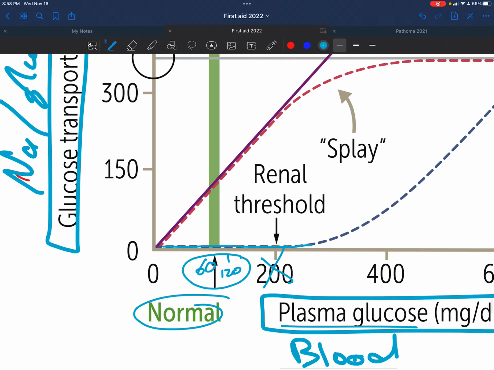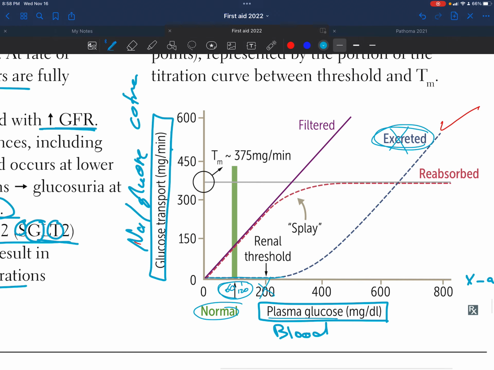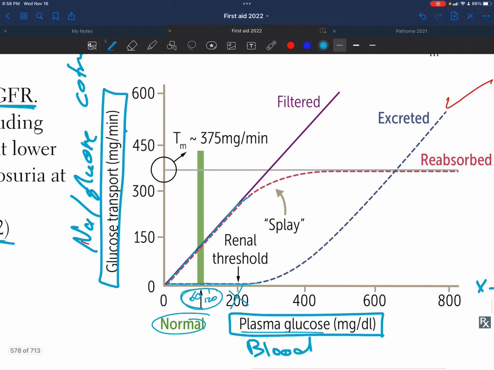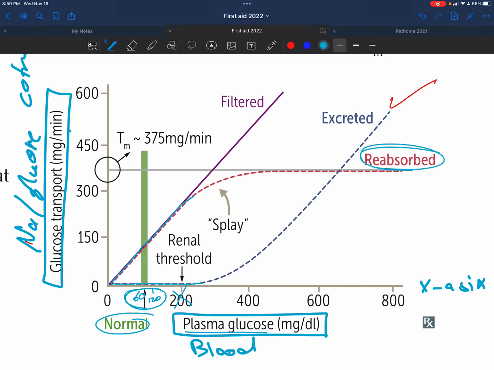I mean, the pancreas and insulin are keeping the glucose within normal limits. So this patient is not excreting any glucose and is just reabsorbing it. So the red curve is about reabsorption, okay? It's just reabsorbing all of the glucose that is being filtered. We don't have any issue with filtration. The glucose is being filtered, but at the same time, it's being reabsorbed, okay?